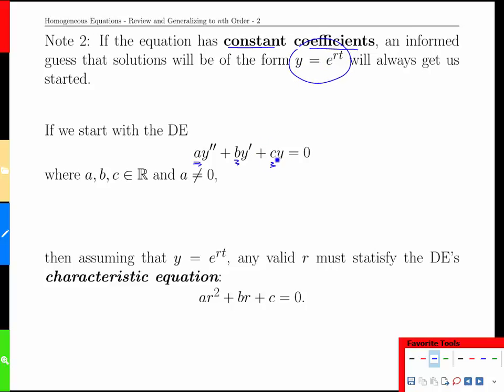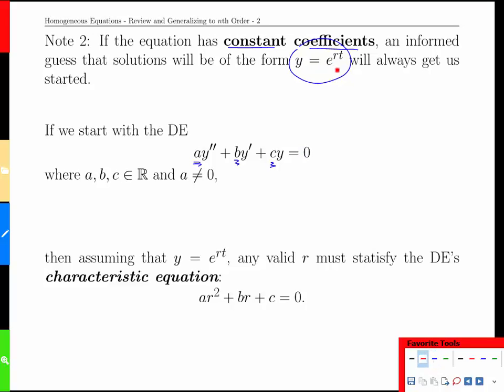And that's a natural assumption to make, even though it might not be obvious at first glance, because somehow y and its derivatives have to add up and cancel out and get zero. Well, a natural way for that to happen would be to use an exponential, because the derivative and the second derivative would then also be exponentials. If we'd used other functions like polynomials, well, if we take a derivative of a polynomial, we lose a power. Things might not cancel out quite as easily.